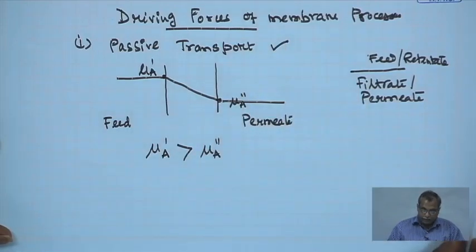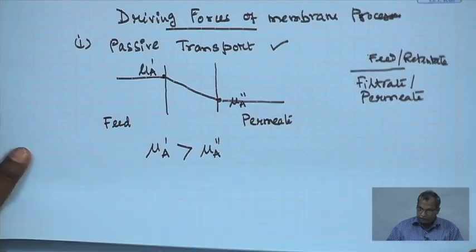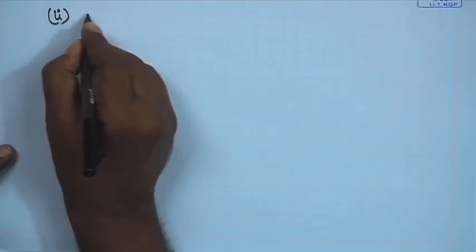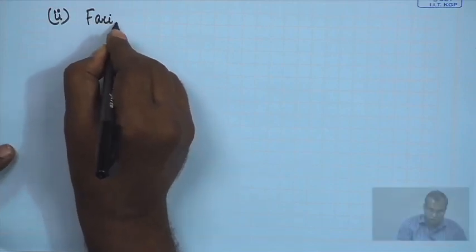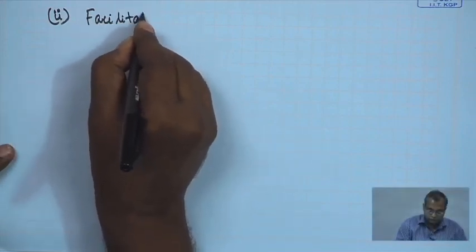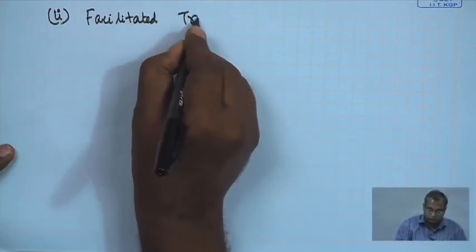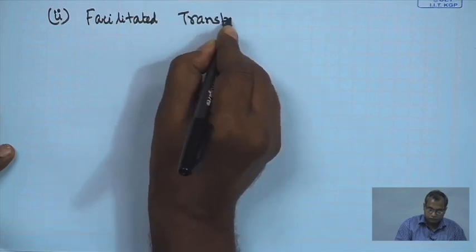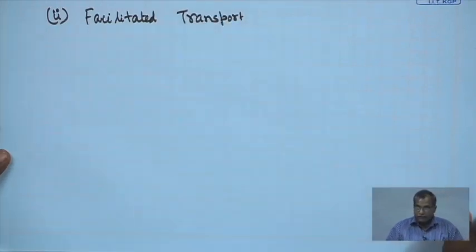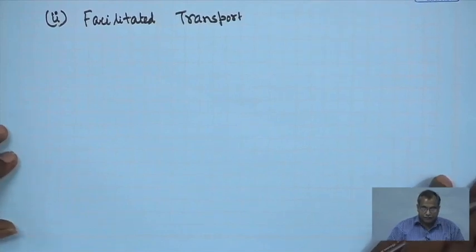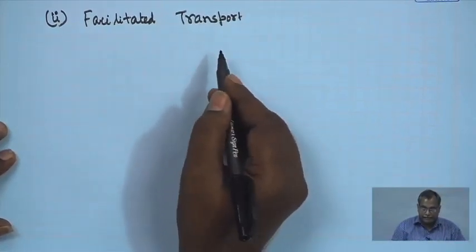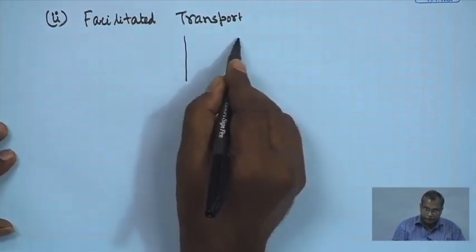The second transport mechanism is known as the facilitated transport. Now, in this case, the transport is facilitated by an agent that is present within the membrane barrier.